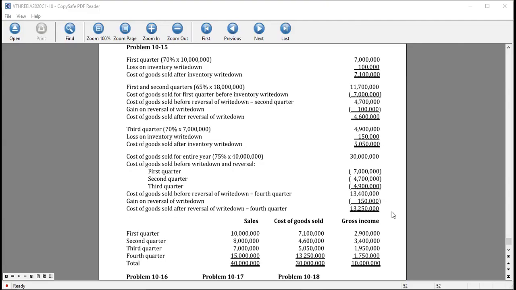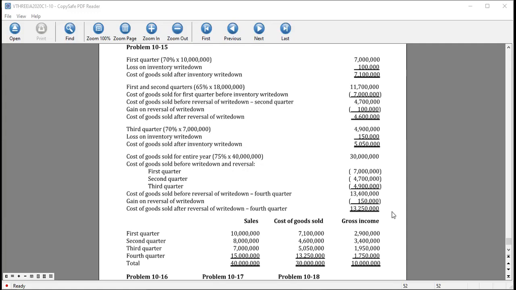Now we are asked to determine the cost of goods sold for each quarter. So for the first quarter, we have 70% because the typical gross profit rate is 30%. Then the amount of the sales for the quarter is 10 million. So cost of goods sold 7 million.